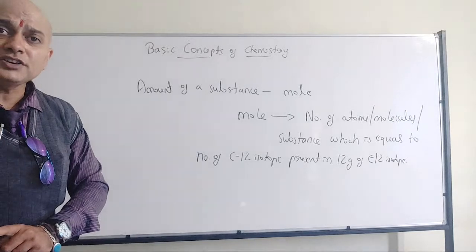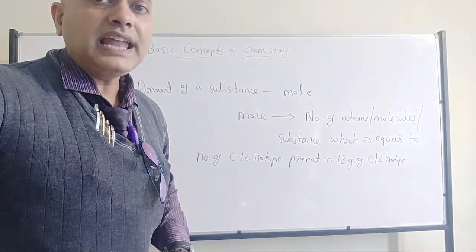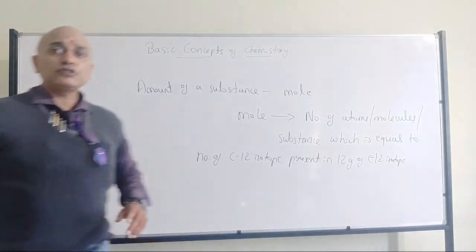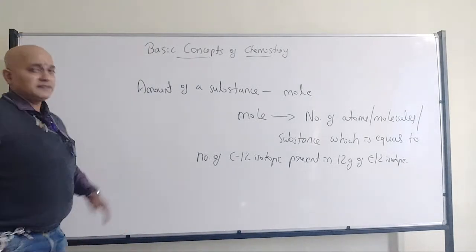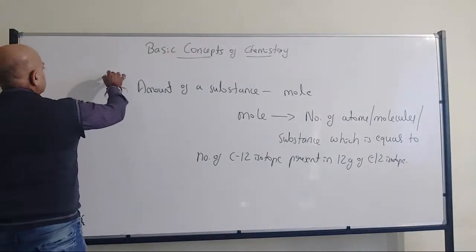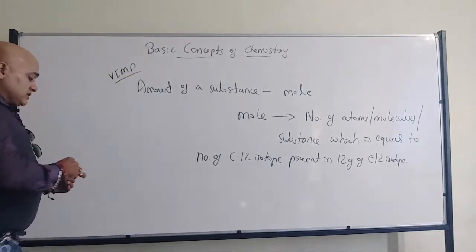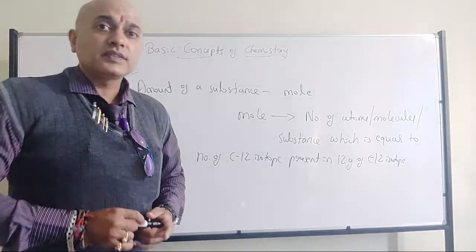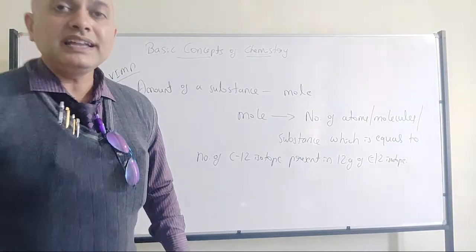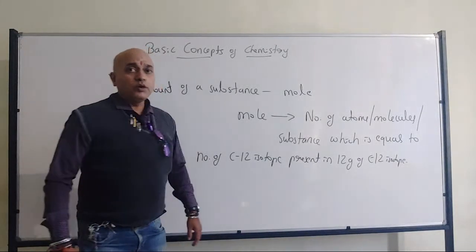All of you have understood? Any doubt? You may be expecting a 1 mark question on this. All of you have understood? So therefore I will mark this one as very important. Any doubt in this? So that's where we have the mole of a substance.